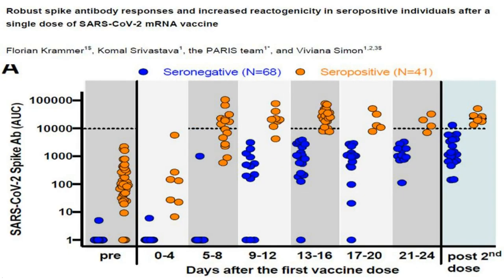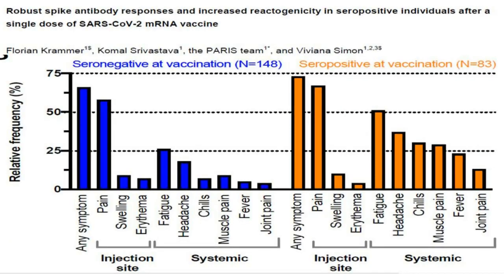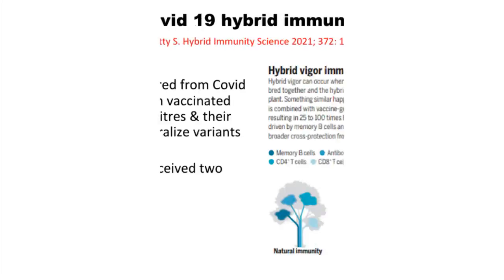This was also reported by Krammer from New York, who found that in persons who had pre-existing antibodies and were then vaccinated, after one dose those persons produced much higher titers than those who had not had antibodies. And that remained after the second dose also. In fact, those who were already vaccinated or infected and got 2 vaccinations had more side effects than titers.